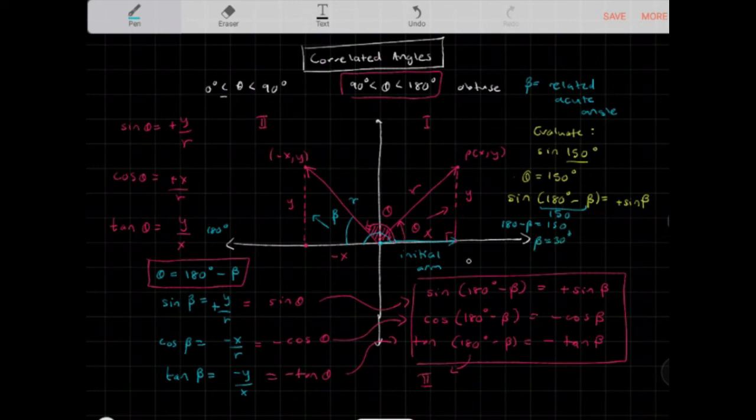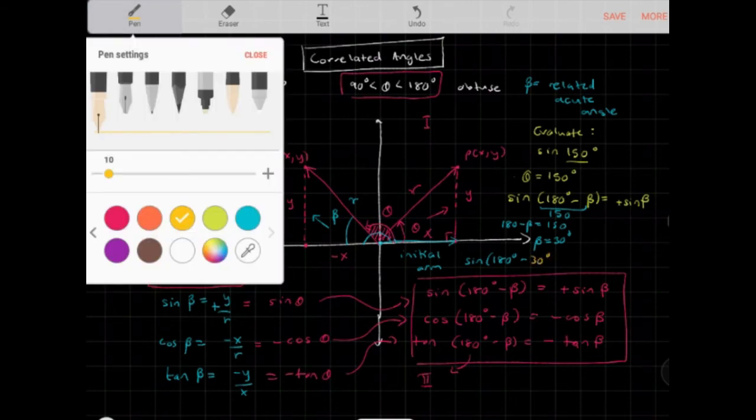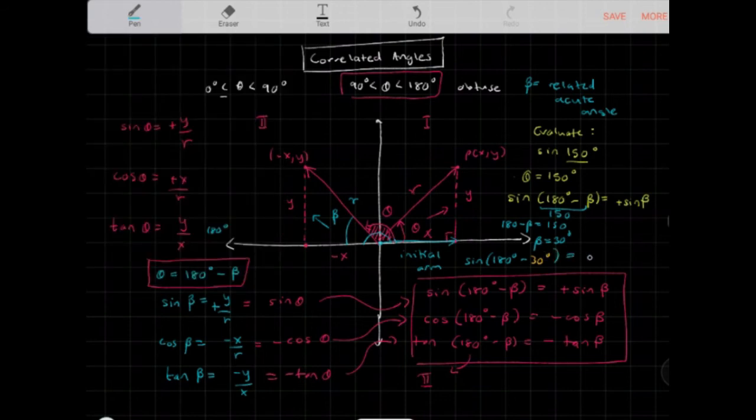If I rewrite this equation, sine of 180 degrees minus 30 should be equal to sine 30 degrees. So you guys can see that this is how the equation can be set up and used.